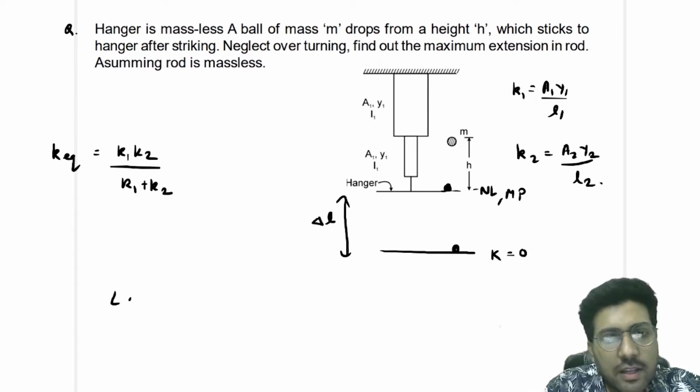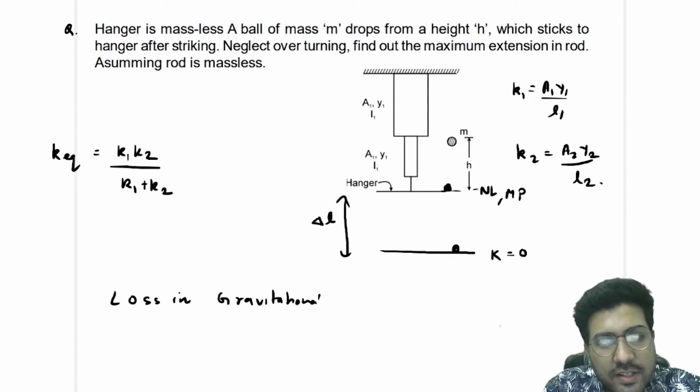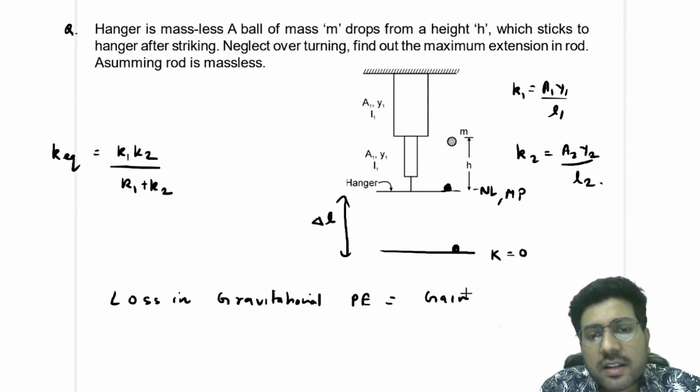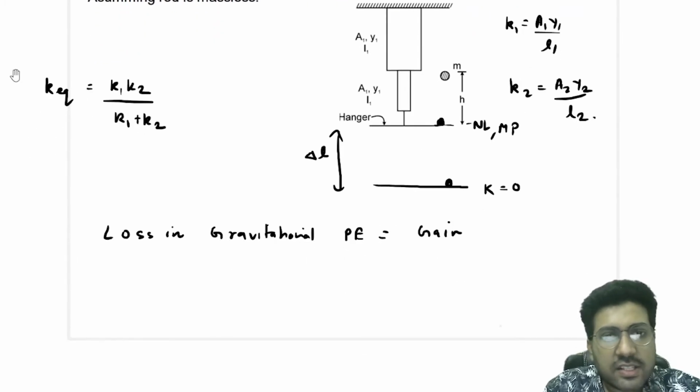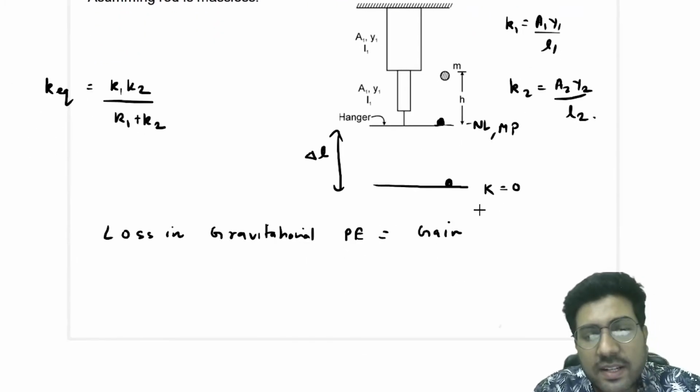So you will say that loss in gravitational potential energy is equal to the gain in elastic potential energy. Here there is no gain in kinetic energy. Initially also kinetic energy was zero, and finally also the kinetic energy is zero.